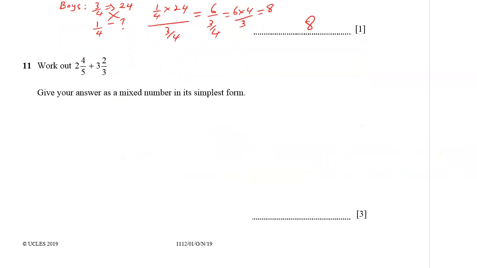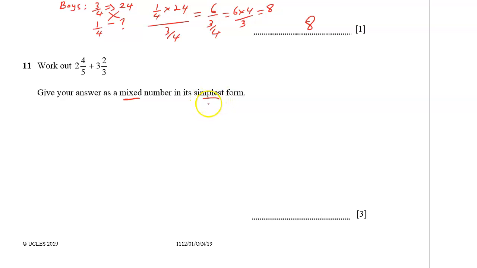Number 11. Work out 2 and 4/5 plus 3 and 2/3. Give your answer as a mixed number in its simplest form.